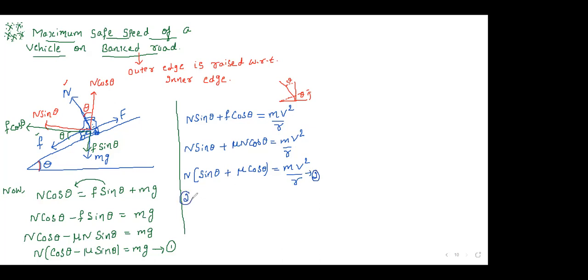Now you can divide equation 2 by equation 1. What happens if I divide equation 1 by 2? This n and n will get cancelled out, isn't it?